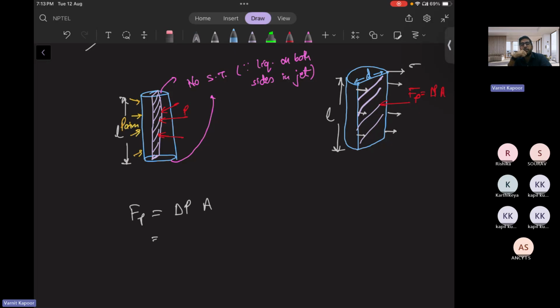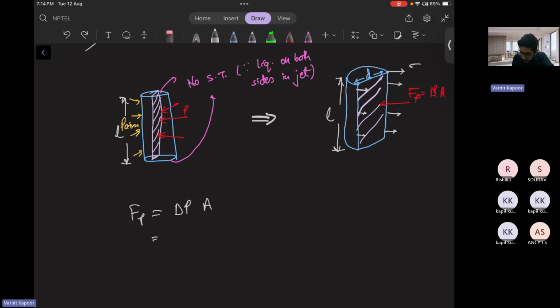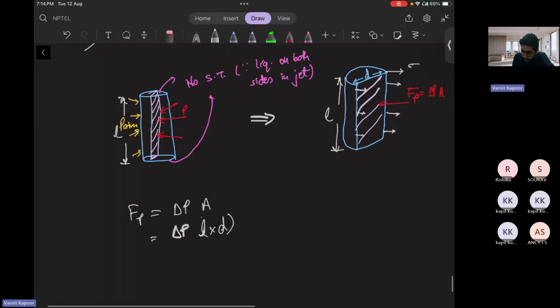Karthike? Am I audible? Saurav, am I audible to you? Yes, sir. So what is the area of this rectangle, Saurav? LD. LD, right? Length into diameter. That is L into D.